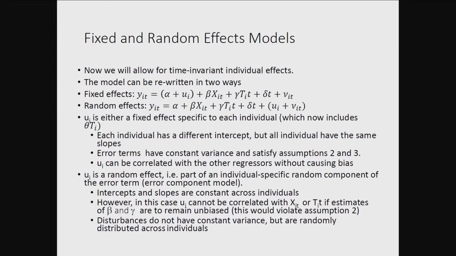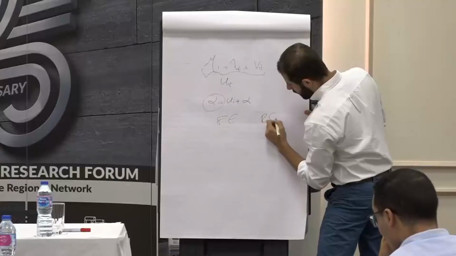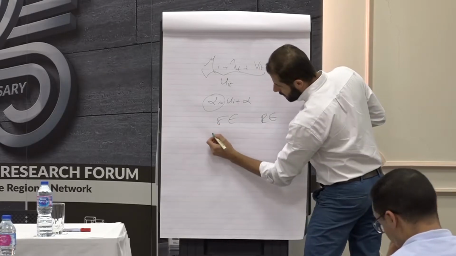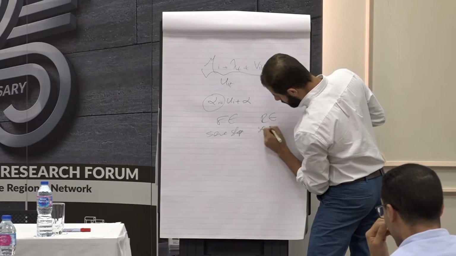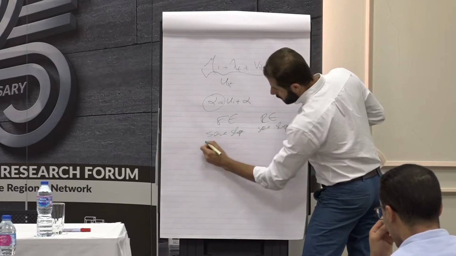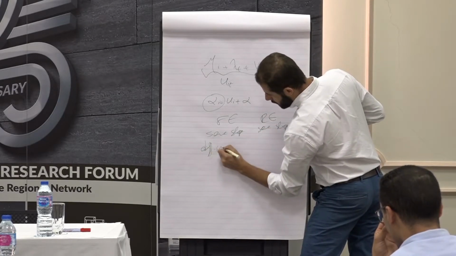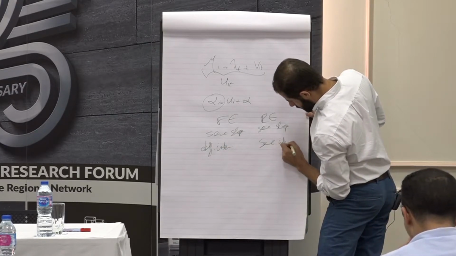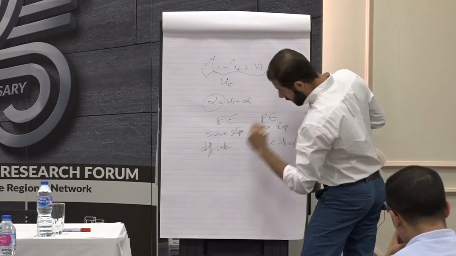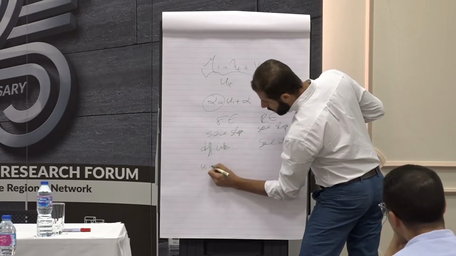Okay? So until now, what are the differences that we had between fixed effects and random effects? For both, we have the same slopes. So here, fixed effect: same slope, different intercepts, ui is part of my intercept.